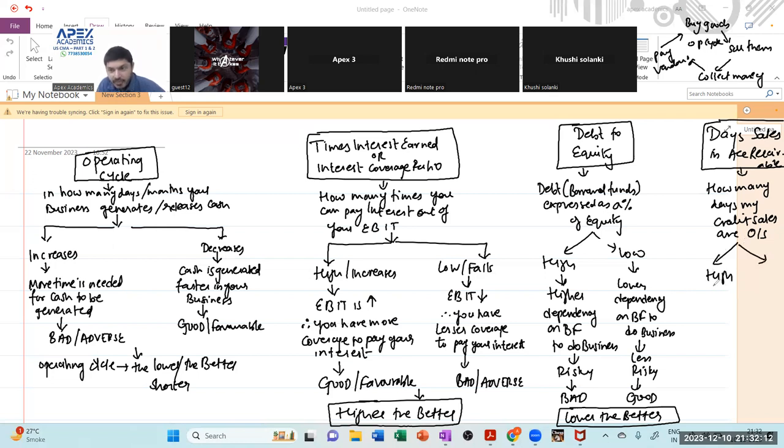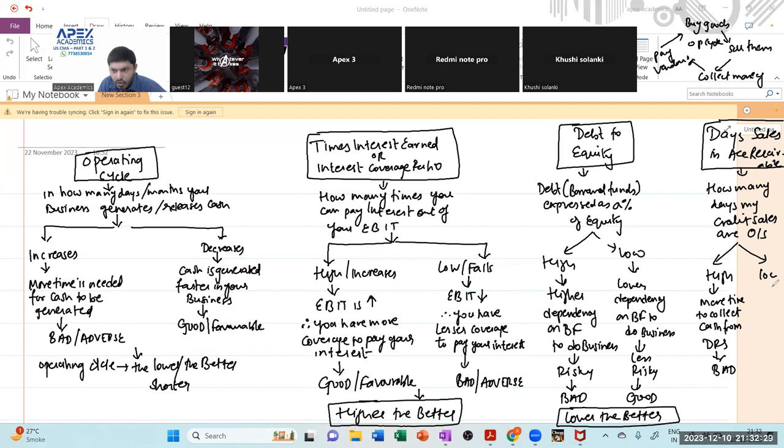If this is high, it shows you more time to collect cash from debtors. This is bad.